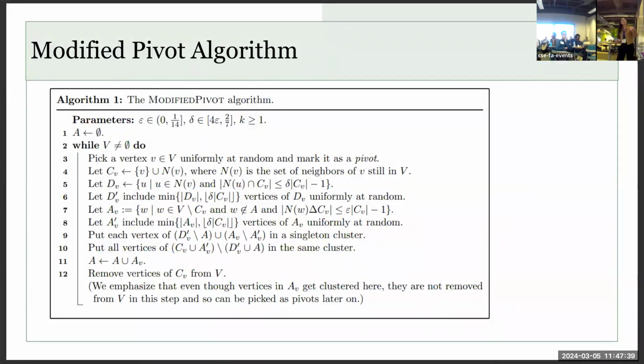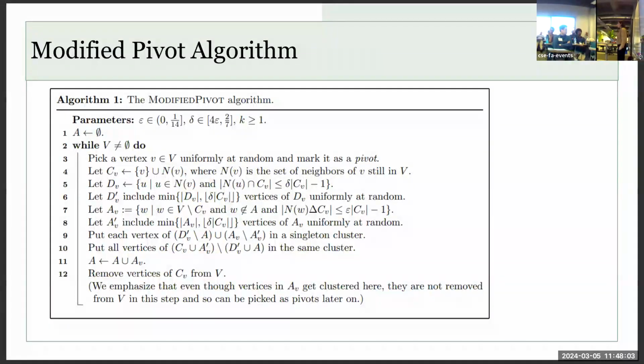So this is our modified pivot algorithm, and it just does some local changes to the pivot algorithm, and it's simple to go through. But there are some definitions about how we define the similarity and dissimilarity between 2 vertices that I'm not going to get into.